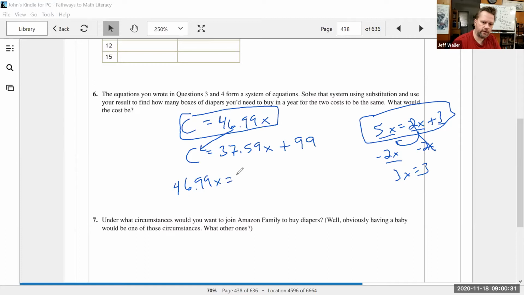So here, I thought maybe it was the kind of grosser numbers that were getting in the way, but I have something X's and I have something X's and I have the number that wants to be by itself. So I've got to get those over there, and I do it the exact same way. Right? If I subtract them away from both sides, then the X's are on one side and the numbers on the other.